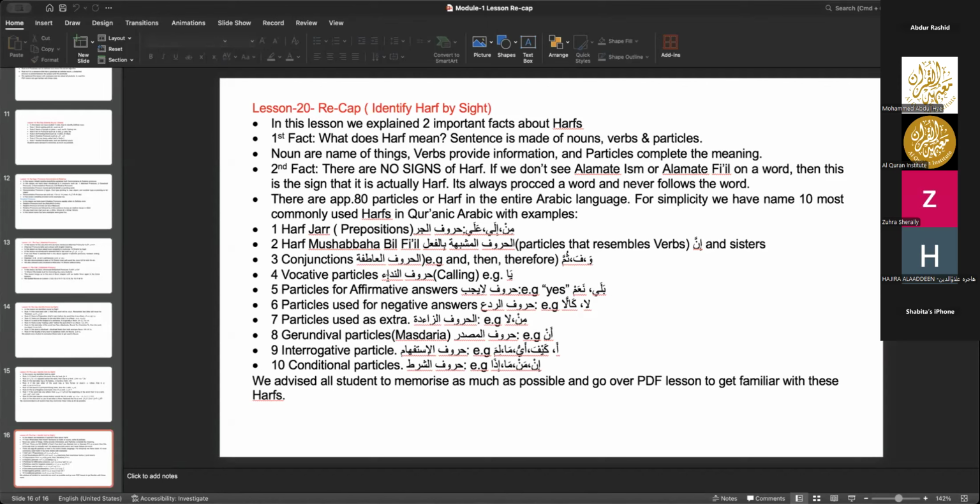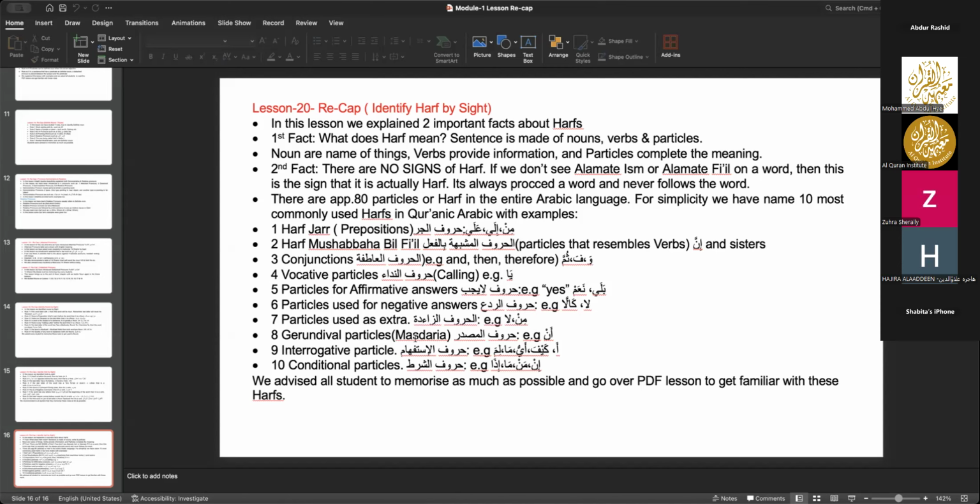Harf nida, calling letters, like ya. Particles for affirmative answer, like yes, bala. Particles used for negative answer, la or kalla. Particles used as extra, like ma, min or la.